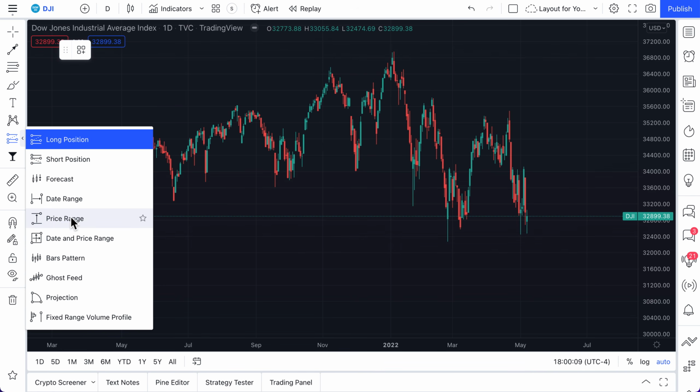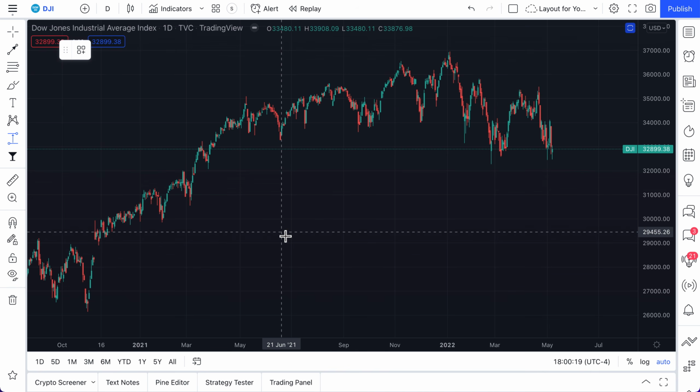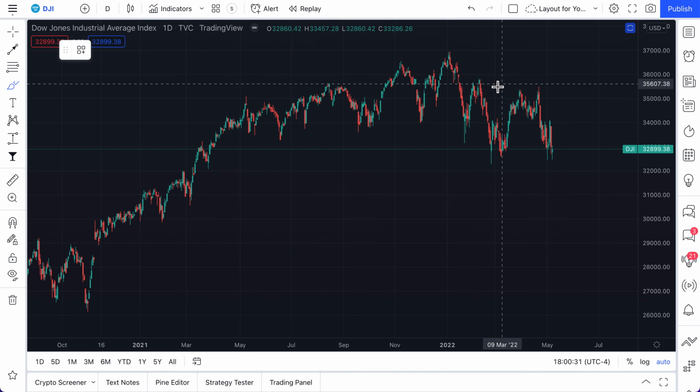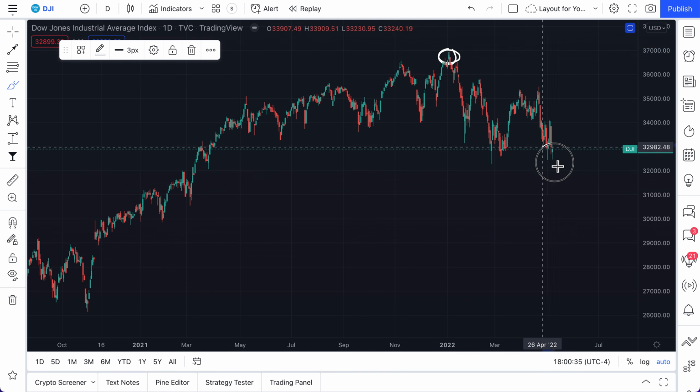The first one we're going to show you are the date range, the price range, and the date and price range. Now, the reason why this tool is first is because understanding a bearish market or a correction or a drawdown or a choppy market, you first need to know how far a symbol has gone from its peak to its current price.